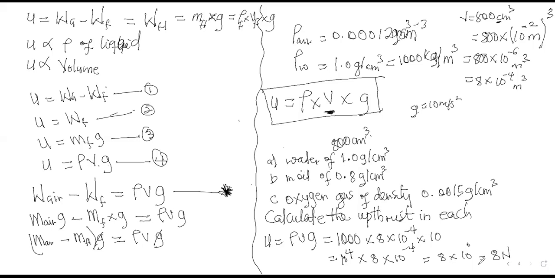Giovanni: Sir, please, why is the 1,000 raised to the power 4? Oh, I have 1,000 times 10, and 1,000 times 10 is equal to 10,000. 10,000 is equal to 10 raised to the power 4. Giovanni, are you okay? Yes, sir.